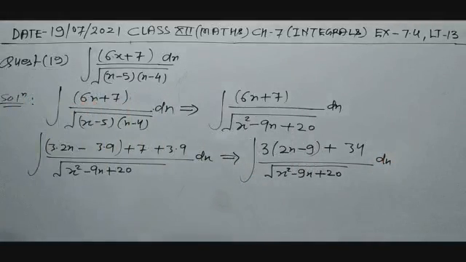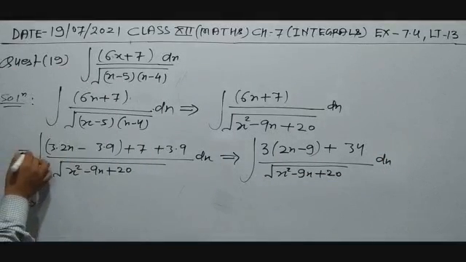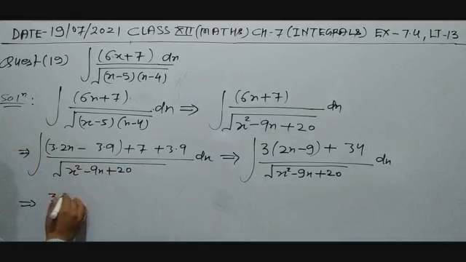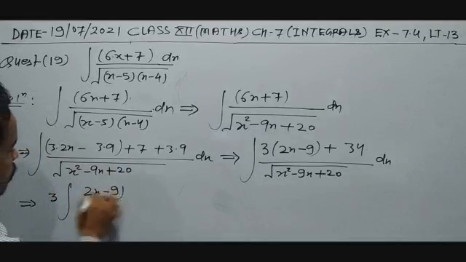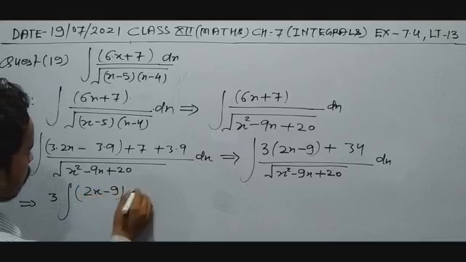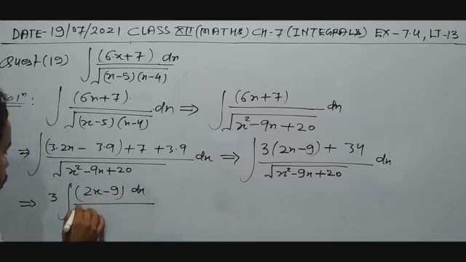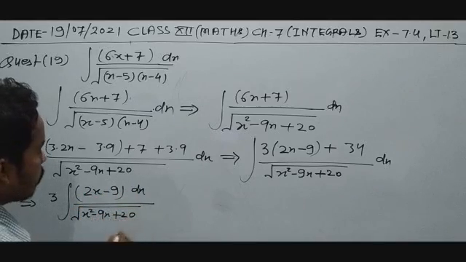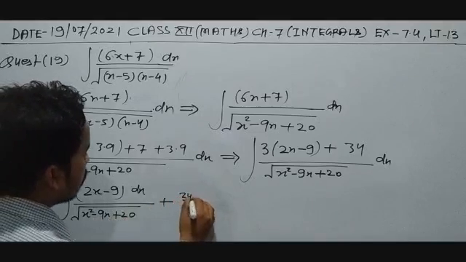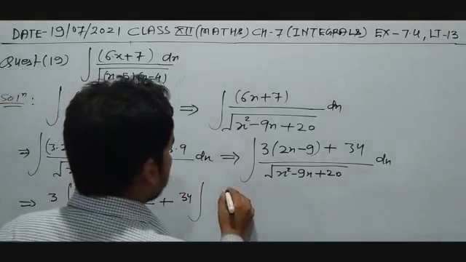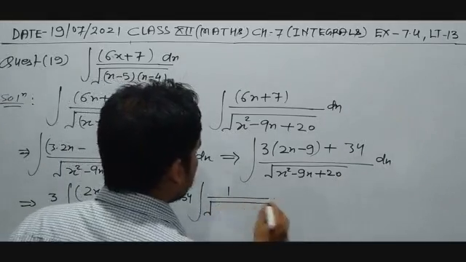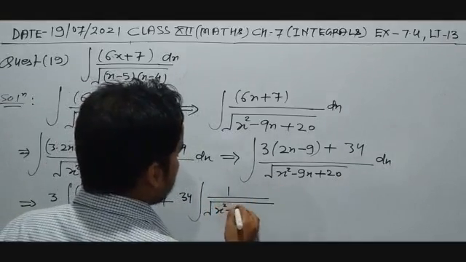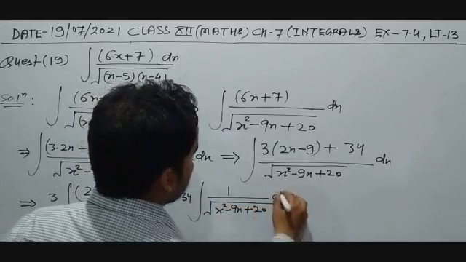Now this is the simplest form, and we have to separate the single integral into two integral parts. So the result will be 3 times the integral of (2x − 9) dx upon root over x² − 9x + 20, plus 34 times the integral of 1 upon root over x² − 9x + 20 dx.